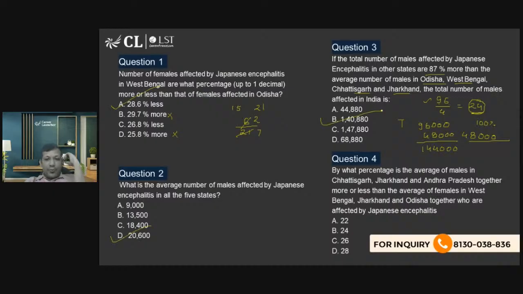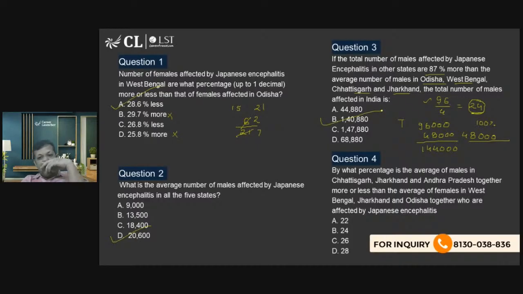Next one, question number 4. By what percent the average number of males in Chhattisgarh, Jharkhand, Andhra Pradesh together, more or less, average number of.